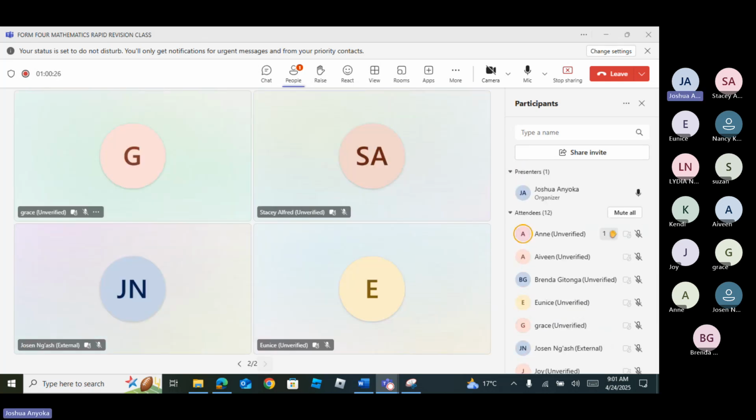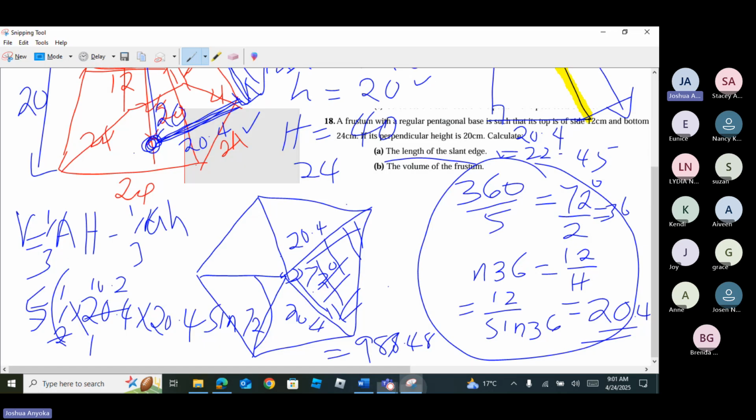Okay, we get back. We were here finding the area of this base. We have said it's the area of one triangle times 5. Area of one triangle is a half AB sine theta. A half times 20.4 times 20.4 sine 72.